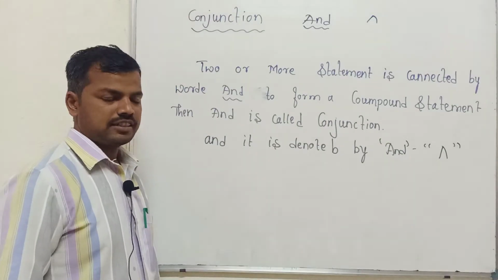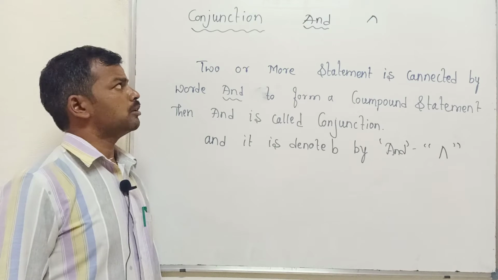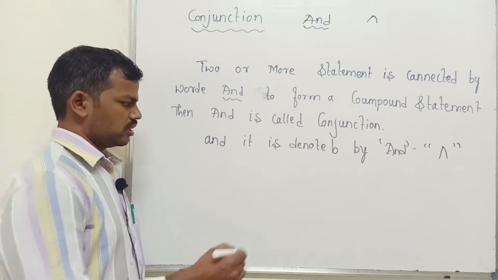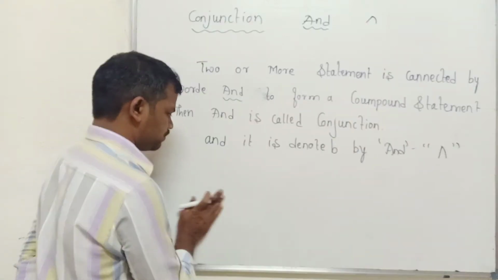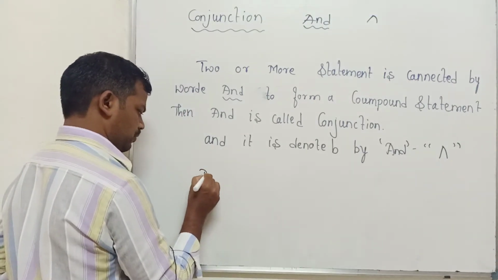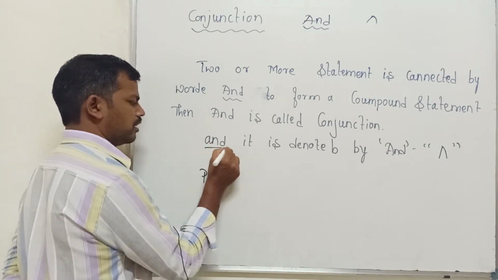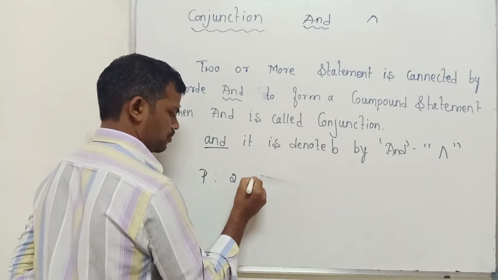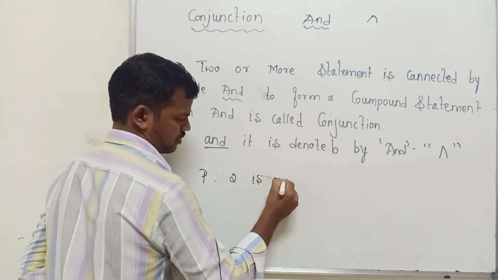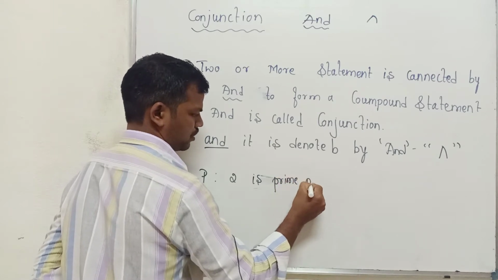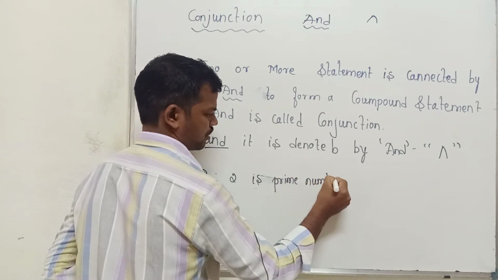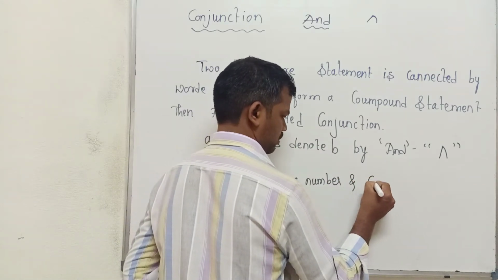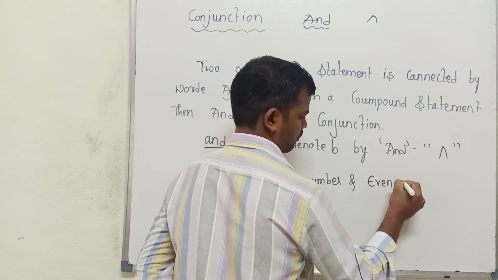Now we see the truth table for the conjunction: when it is true, when it is false. For this I will take one example, a compound statement with the connecting word "and": 2 is a prime number and even number.